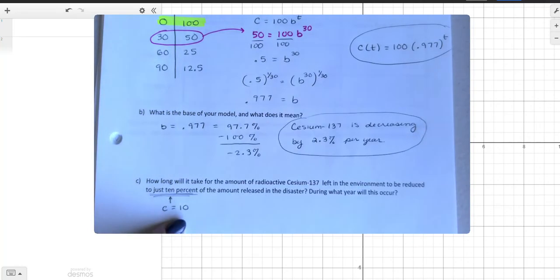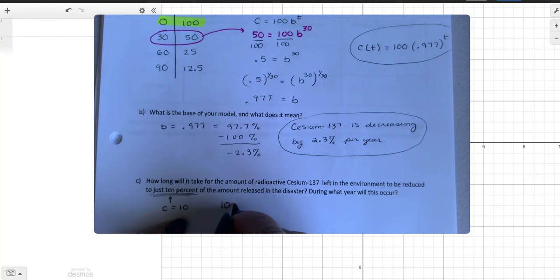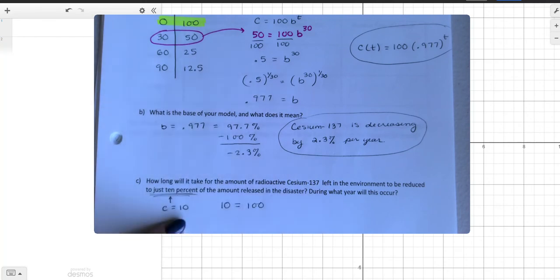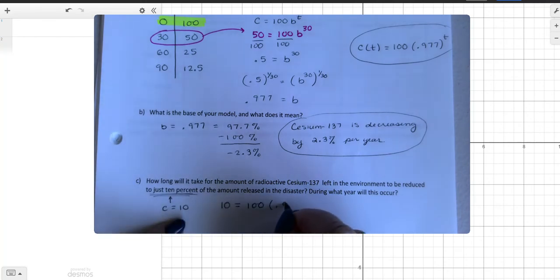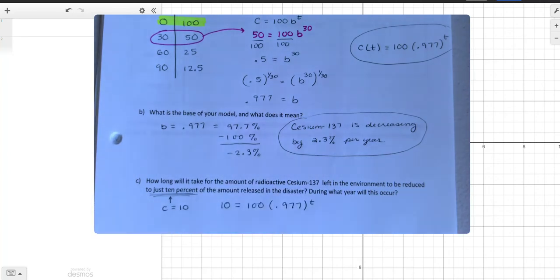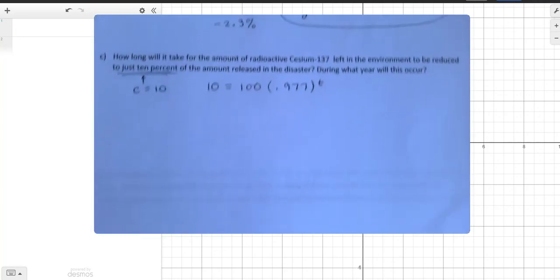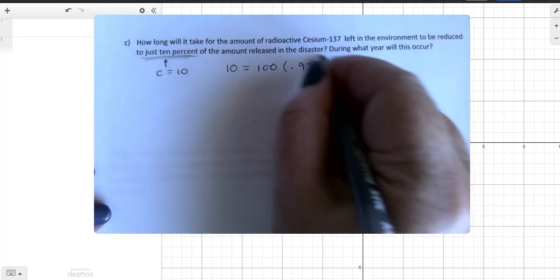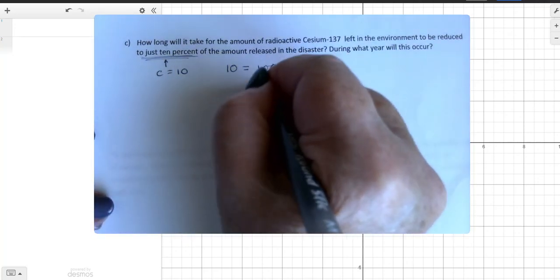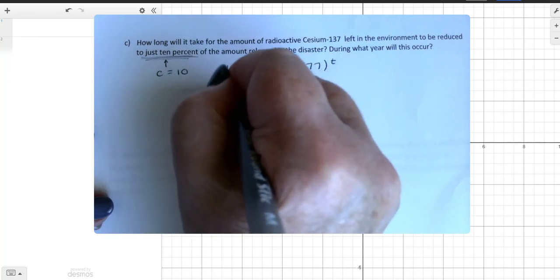So I'm going to plug that in for C. 10 equals 100 times 0.977 to the t power. All right, let's solve that equation. To isolate the exponential, I will divide by 100.